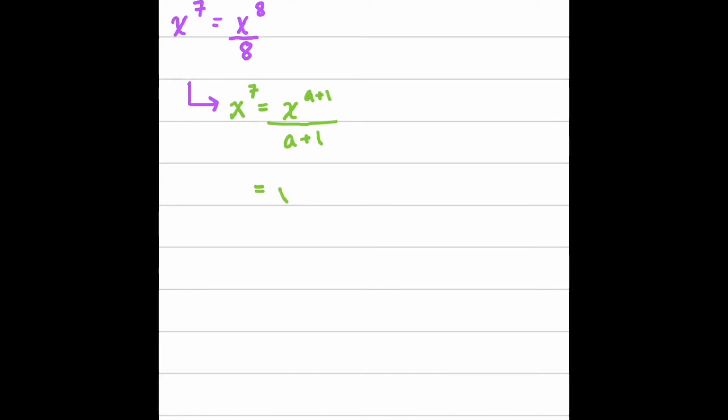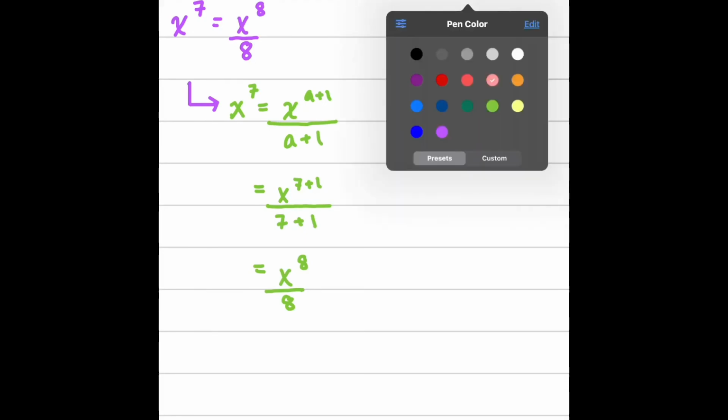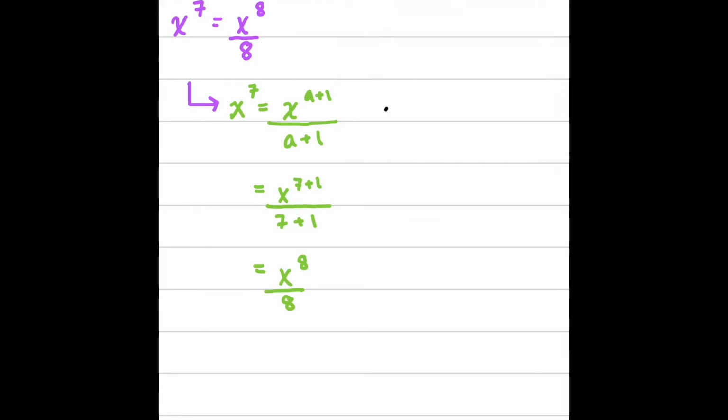So I filled that in with 7. So I did x to the 7 plus 1 over 7 plus 1. And then the simplified version is basically what I just said, x to the 8th power over 8. And then I got that original problem above by applying the power rule. I'll write that in real quick, just so that you know what's going on.